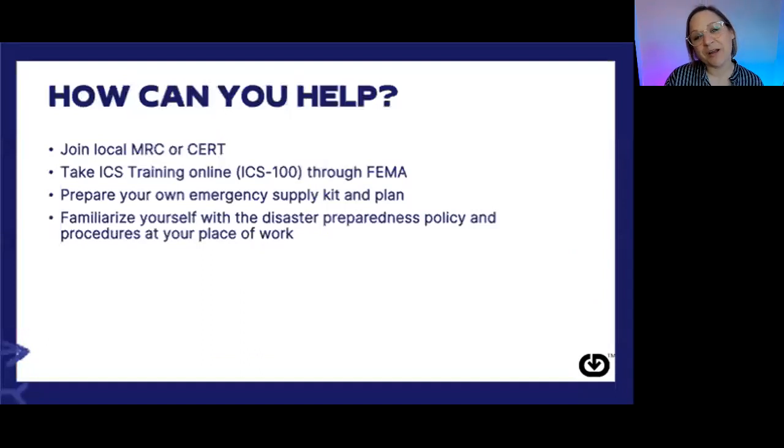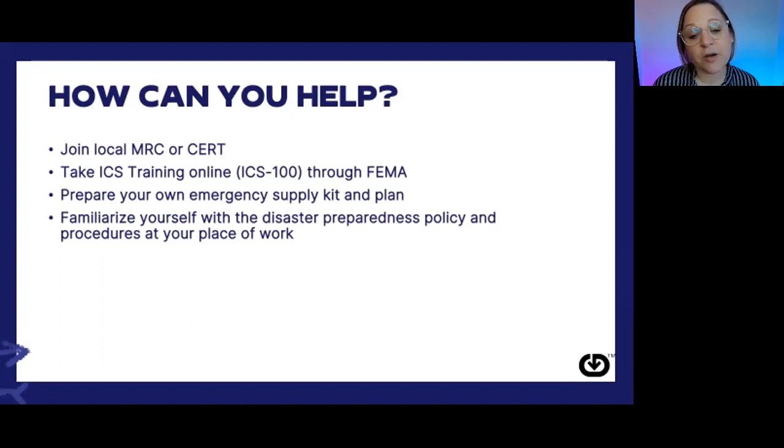So if you're wondering how you can help and be prepared for disaster management as a nursing student and novice nurse, you can join a local MRC or CERT that can be sent out to different disasters to help care for people in their community. You can take the ICS training online. ICS 100 through FEMA will really help you have a broader understanding of disaster preparedness and coordination of different agencies.